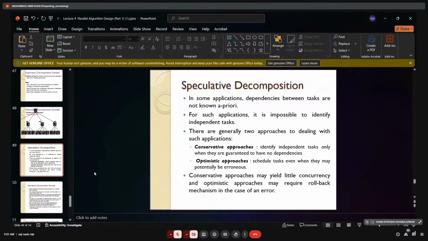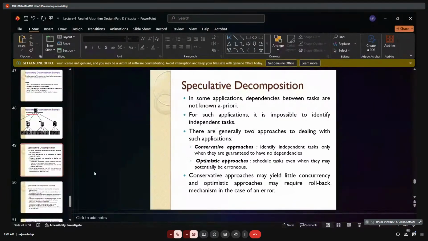After this, we have speculative decomposition. In some applications, dependencies between tasks are not known, so in such applications it is impossible to identify independent tasks. There are generally two approaches: conservative and optimistic. In the conservative approach, we identify independent tasks only when they are guaranteed to have no dependencies.